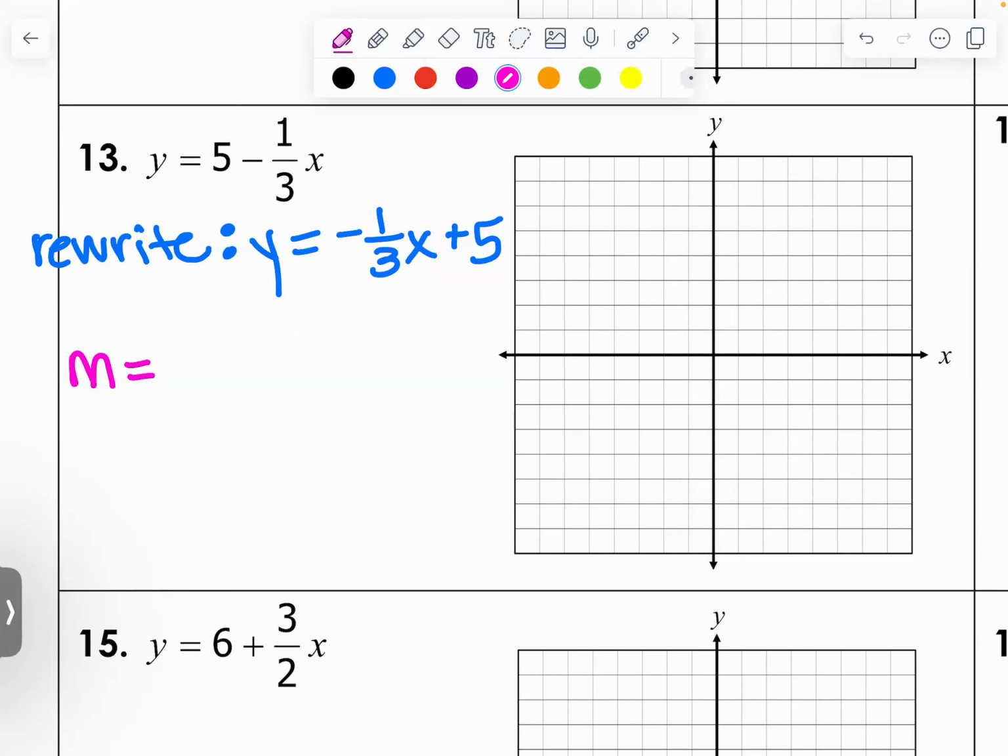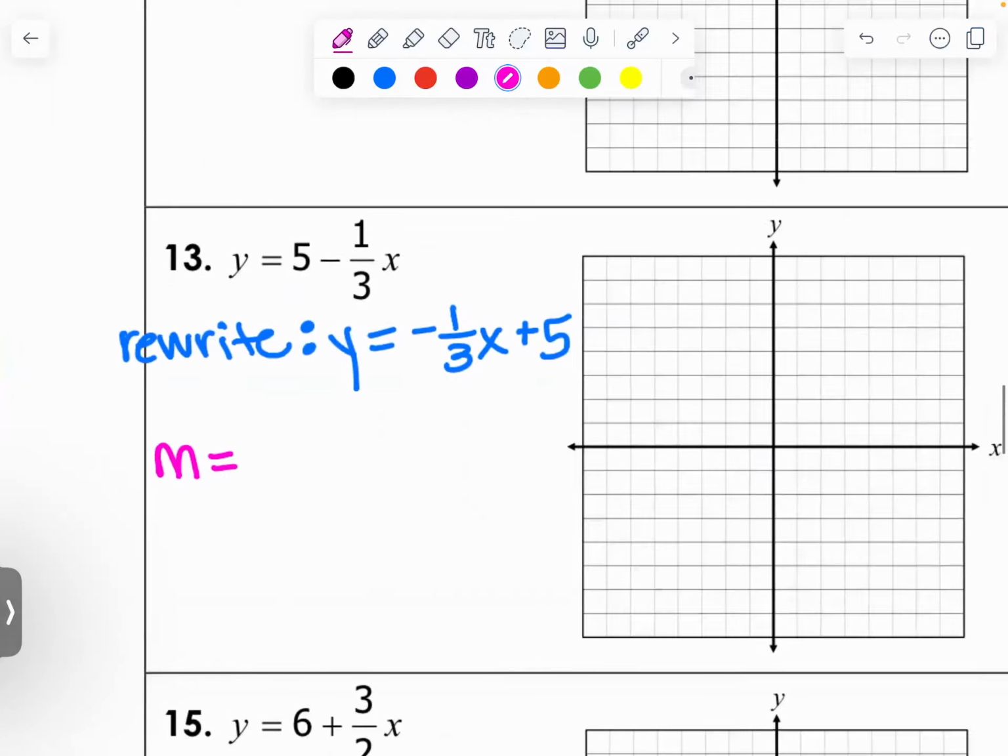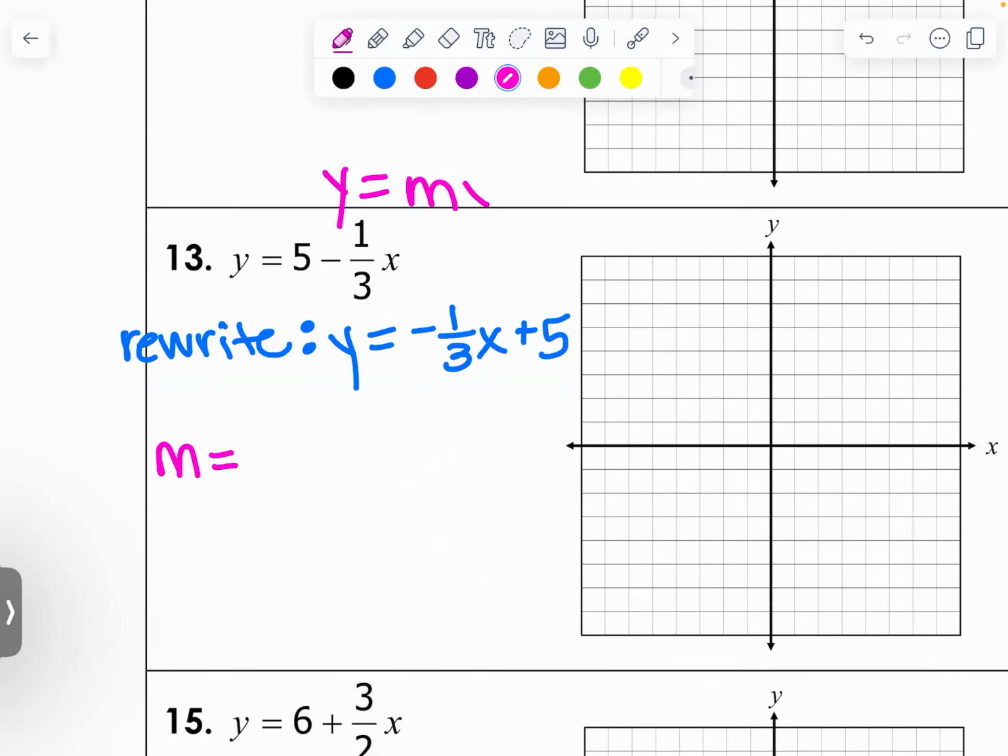In y equals mx plus b, which one's our slope? Our slope is always going to be the number in front of x. What number is in front of x? What's the coefficient for x? -1/3 is our slope.